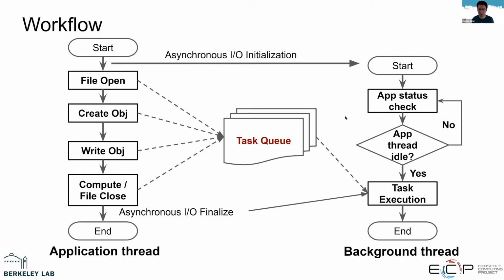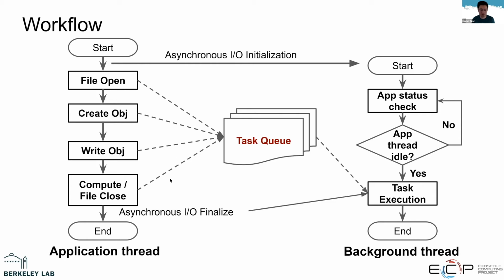In this way, we avoid the interleaved acquiring of the HDF5 global lock, and we can have the tasks executed in the background thread, overlapping the I/O time with the application's compute and communication time.